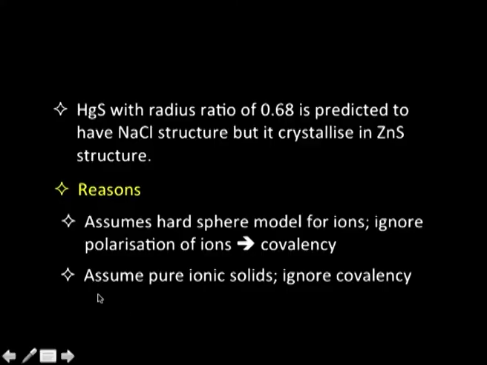This element of covalency is not considered when we talk about the radius ratio rules. So, that is one reason why we have deviations from the predictions of these rules. Essentially, they assume pure ionic structures and ignore covalency. That is one drawback or limitation of our radius ratio rules.